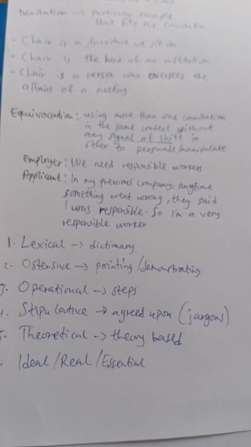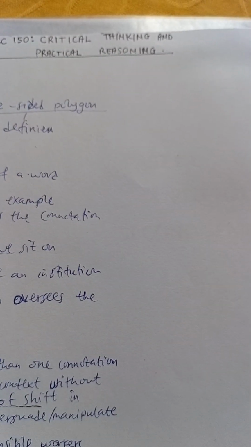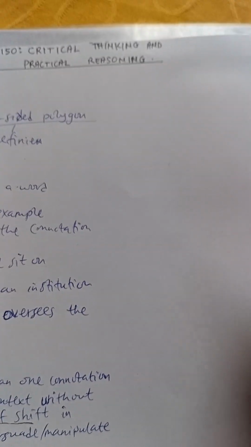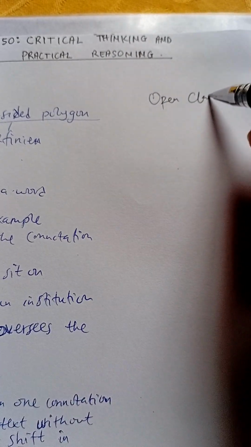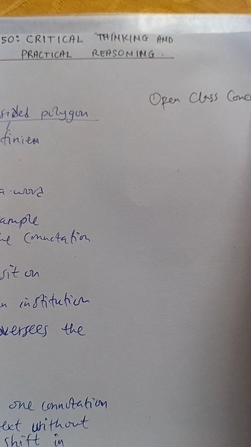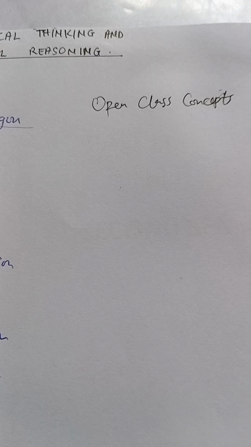Now, some definitions are what? Contestable. Yes, you can debate on them because they are not essential, they are not ideal. So those ones we call open class concepts. Open class concepts.